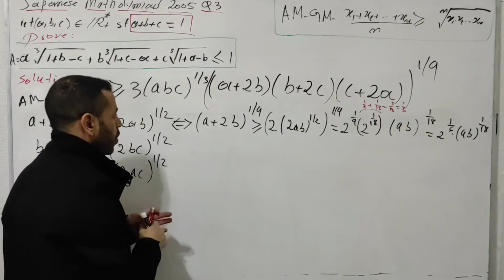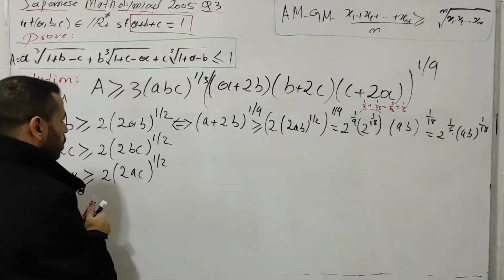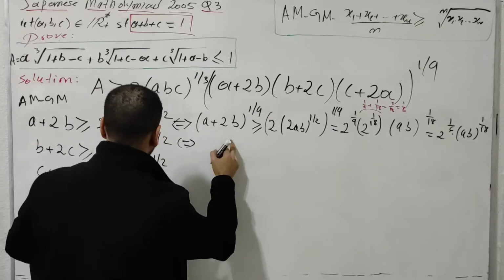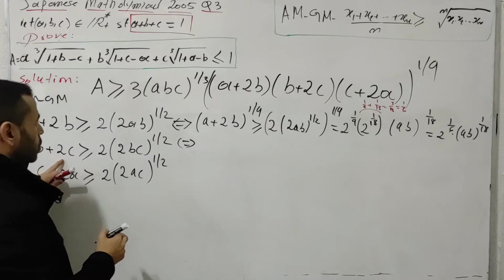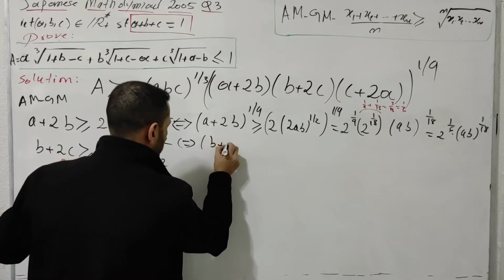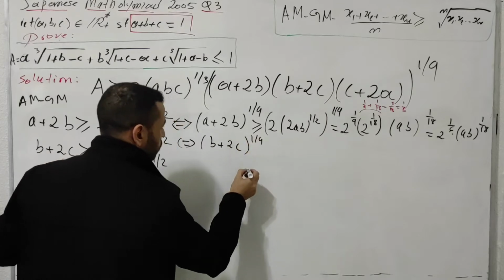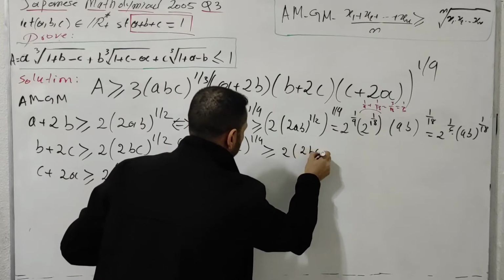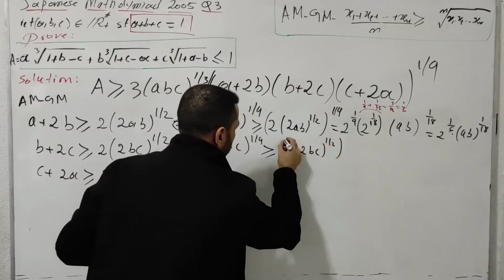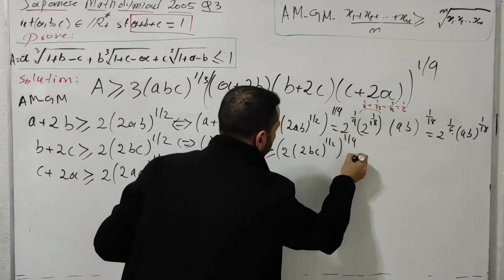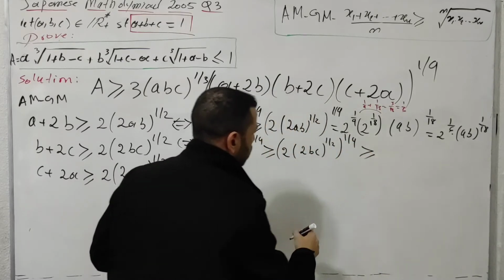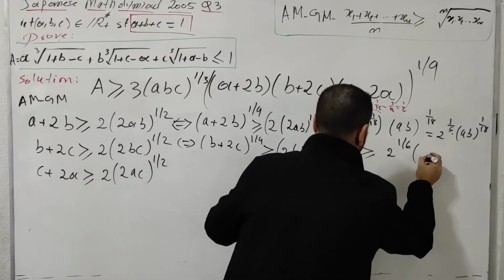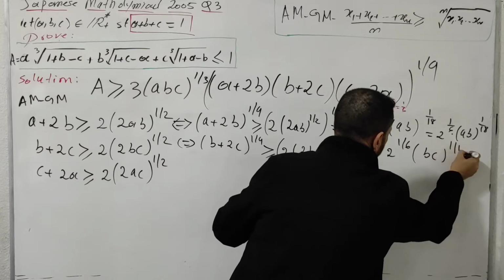This argument follows similarly for the second term. I will have the same thing as before, so instead of a plus 2b, I will put b plus 2c. For (b plus 2c) to the 1 over 9 is greater than or equal to 2 multiplied by 2bc to the 1 over 2, the whole thing raised to 1 over 9. So this will be the same thing, greater than or equal to 2 to the 1 over 6 multiplied by bc to the 1 over 18.